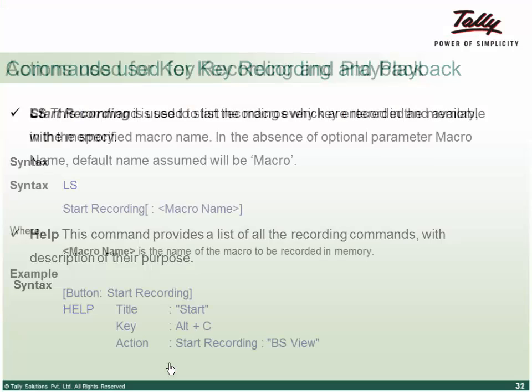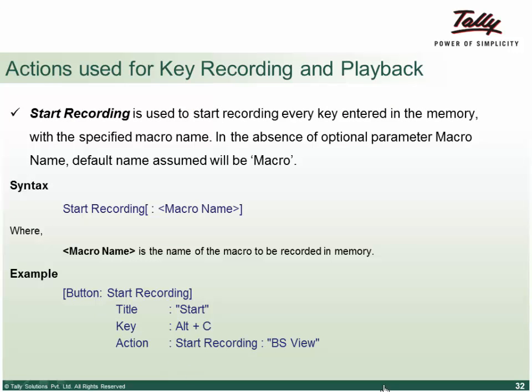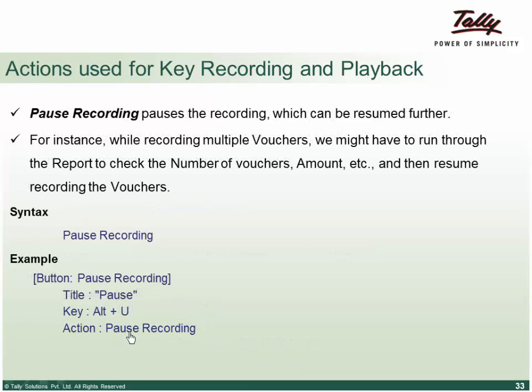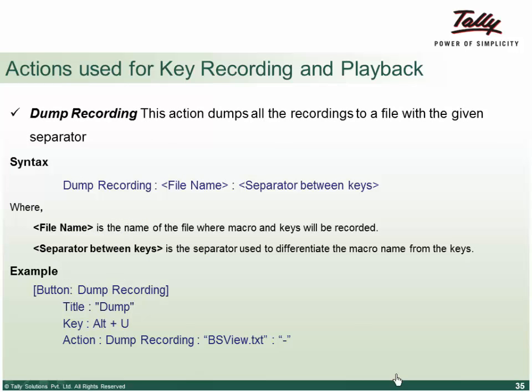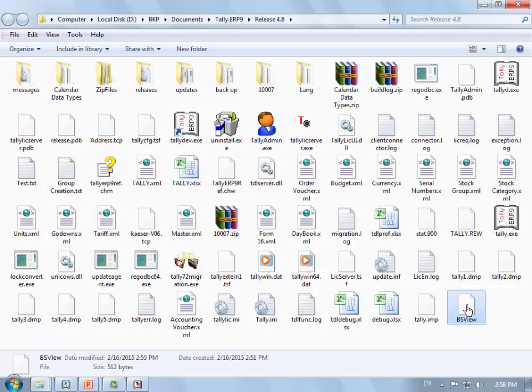So all the macros have got deleted. We have actions like start recording, and you have to give the macros name. Then we have pause recording. You can pause the recording, you can resume the recording, you can dump the recording. The recording will be dumped.